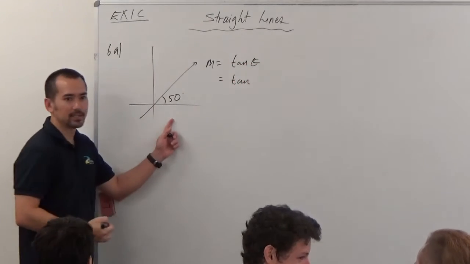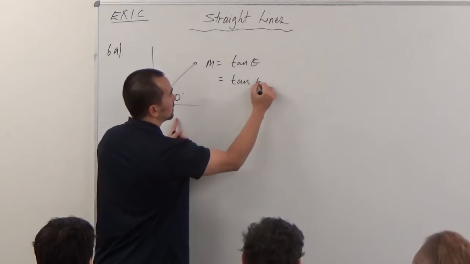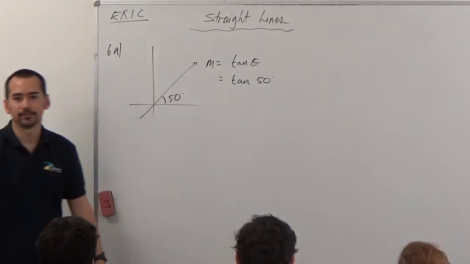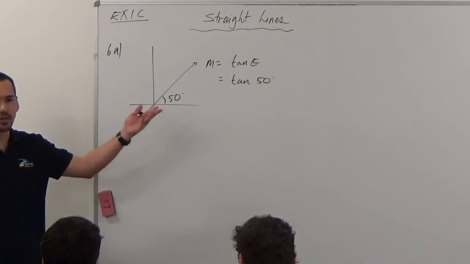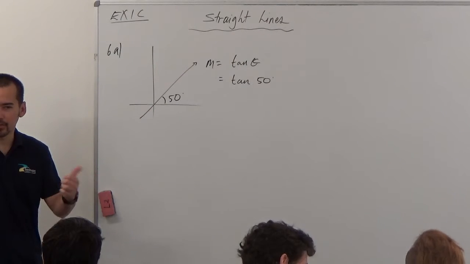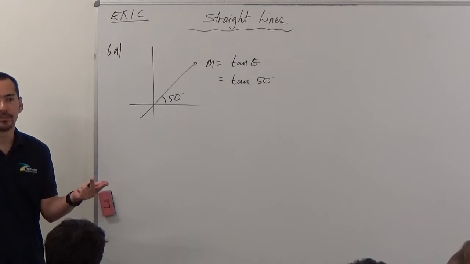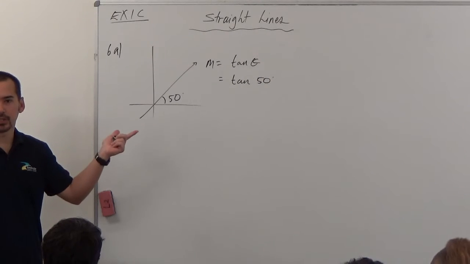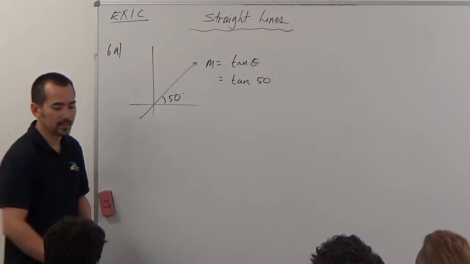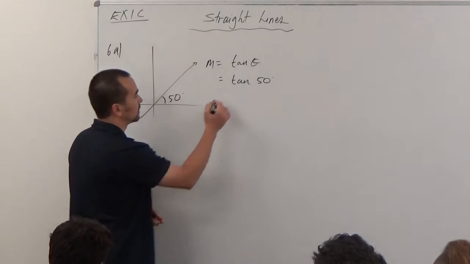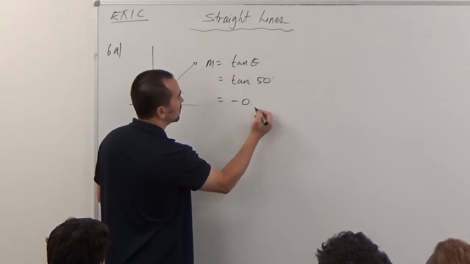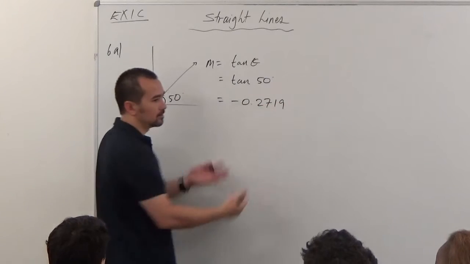And theta in this case is 50 degrees, so tan 50. And 50 is not one of our special angles like the 30, the 45, the 60, or the 90. So use your calculator for this one, and what does it come out to be? Negative 0.2719.